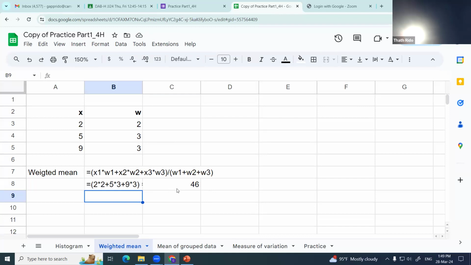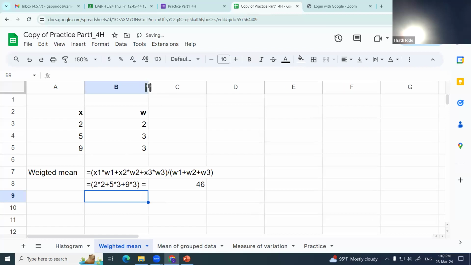We have a better function to find the weighted mean. The thing is that you need to understand what the weighted mean is, and why it's different from the normal mean, the simple mean, the simple average. At least you should know that in order to compute weighted means, you need more than just x, you need to know its weight. If you are given only x, you do not need to compute the weighted mean.